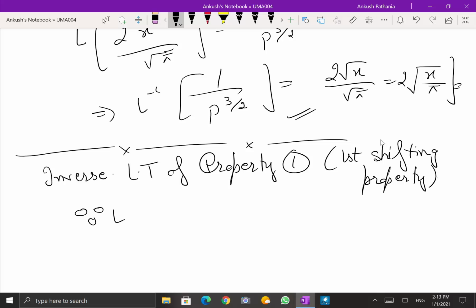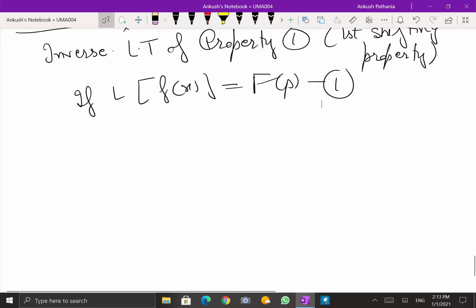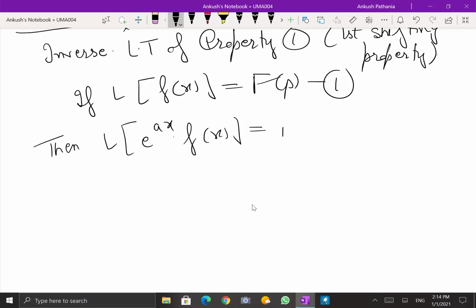You know very well that if Laplace of f(x) is equal to F(p), if this exists, then by the first shifting property we have Laplace of e^(ax) f(x) is equal to F(p minus a).